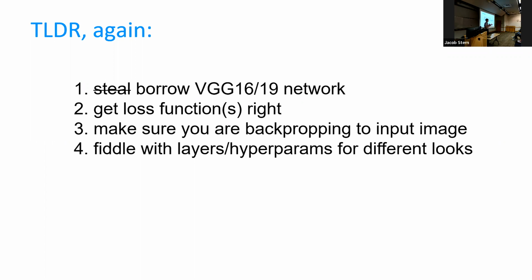In both cases we have a forward pass through a network, but for style transfer, for every update of our input image, that's a gradient descent step. And so a single forward pass will be much faster than this style transfer algorithm that we described, where we do a forward pass, then gradient descent on the input image, forward pass, gradient descent again, until we've minimized that style and content loss.